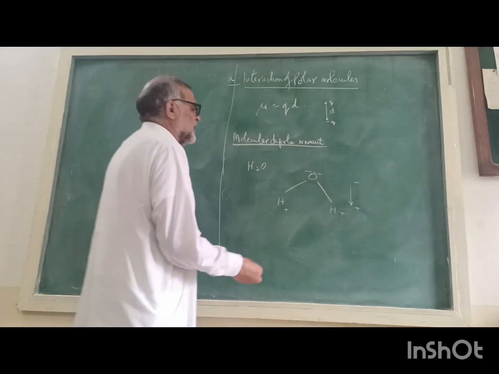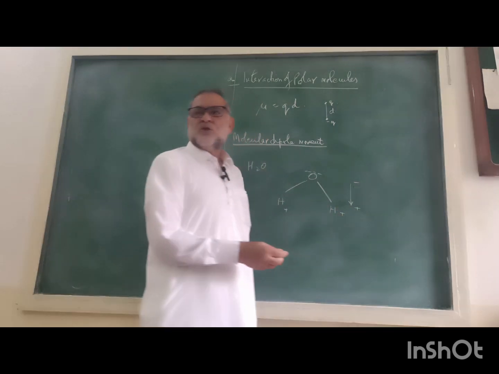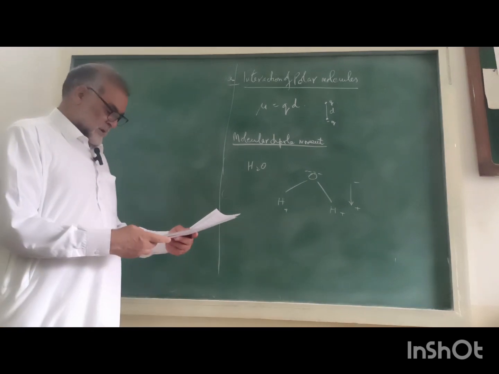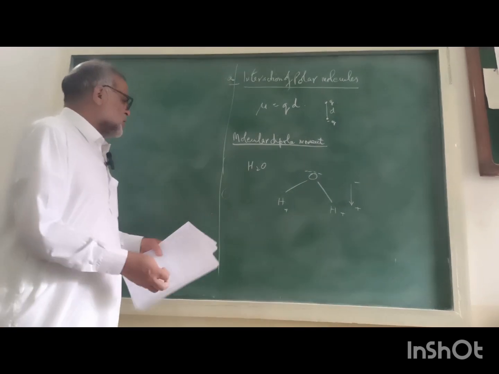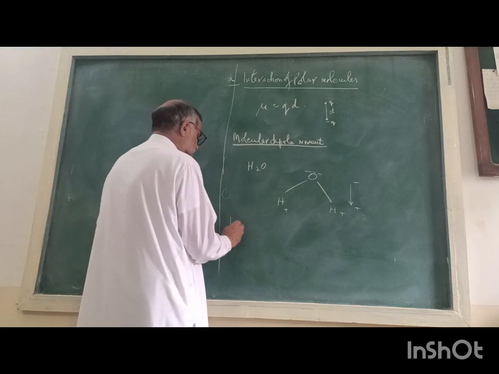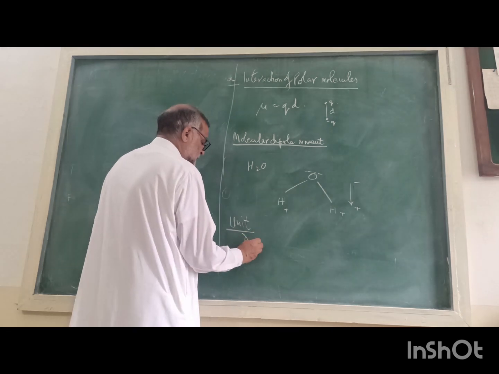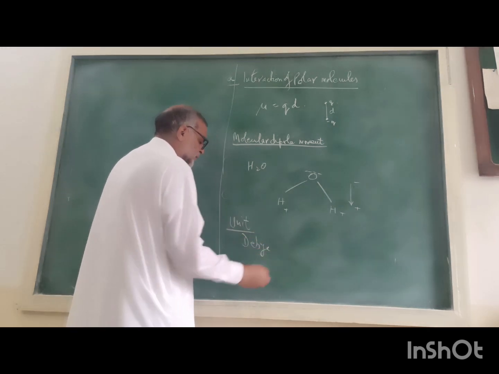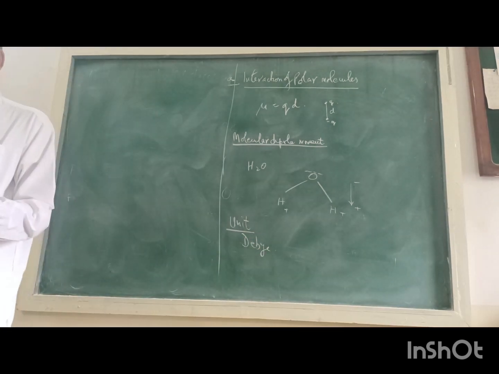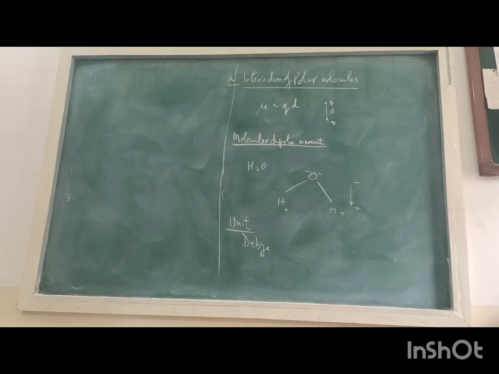And this is the direction of the dipole moment. It is from the negative charge to the positive charge. Now, what is the unit of the electric dipole moment? The unit is debye. Debye is the unit of the electric dipole moment.